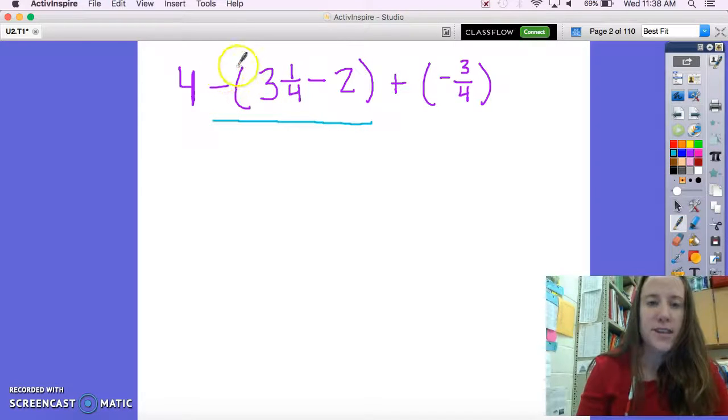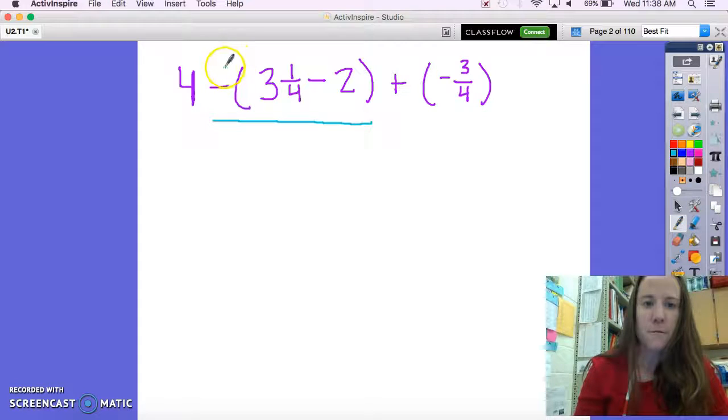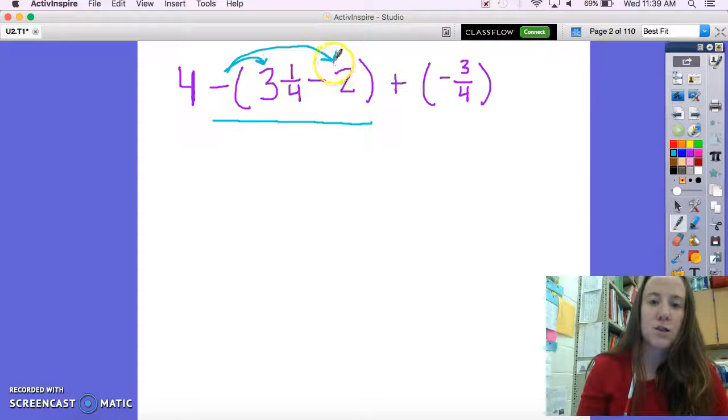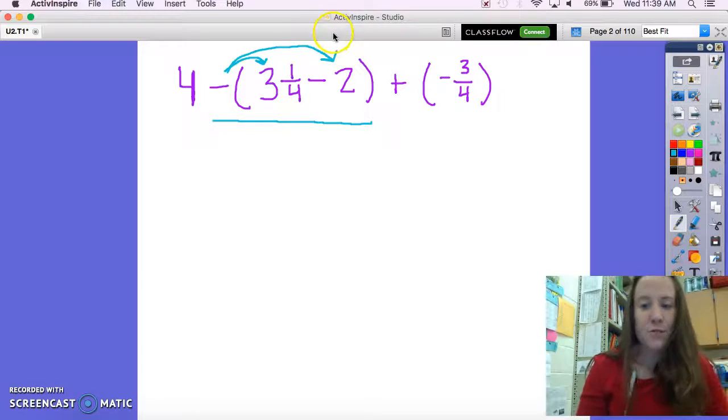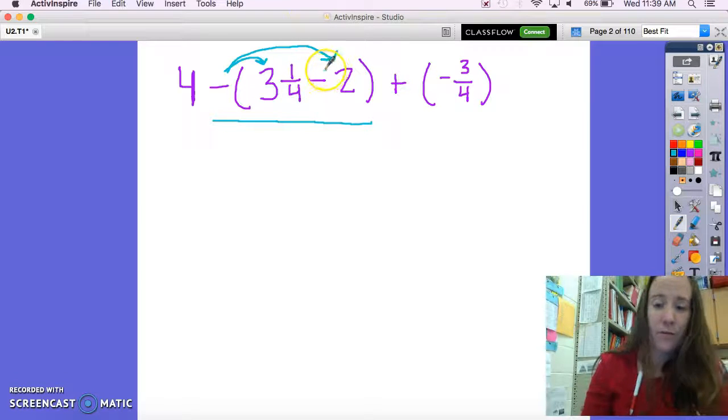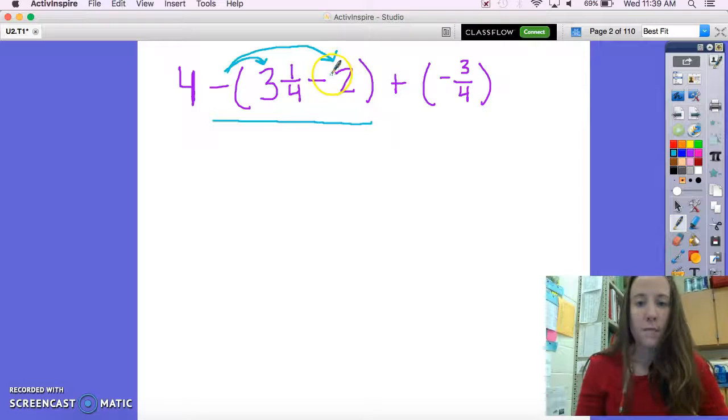This subtraction sign outside of this expression applies to both of the numbers inside the expression. So what I mean by that is the subtraction sign applies to the 3 1/4 and this minus 2. So the very first thing I'm going to do is rewrite that expression without the parentheses. And just to be clear, if you wanted to start out by doing 3 1/4 minus 2, the way it's written, that would have been okay too.